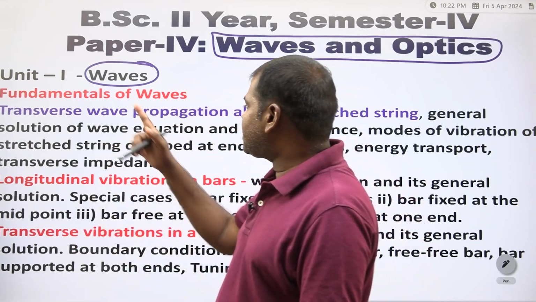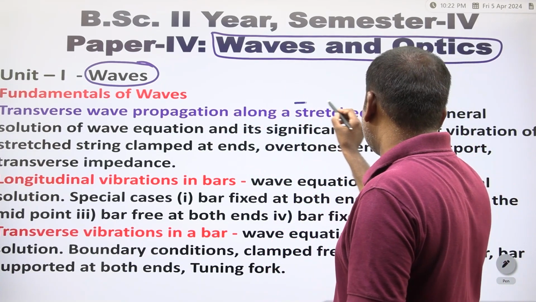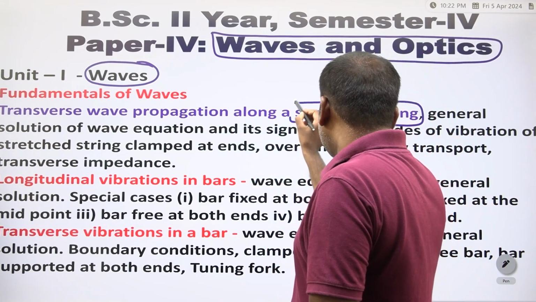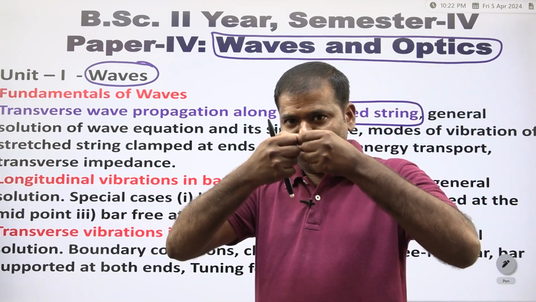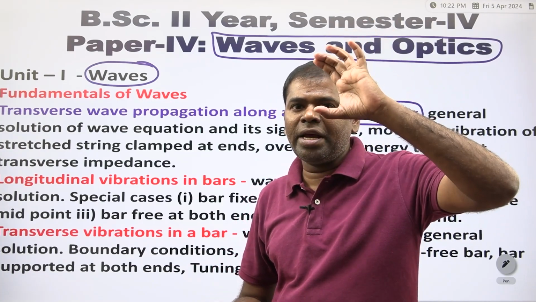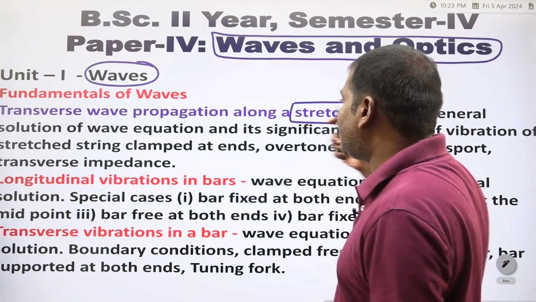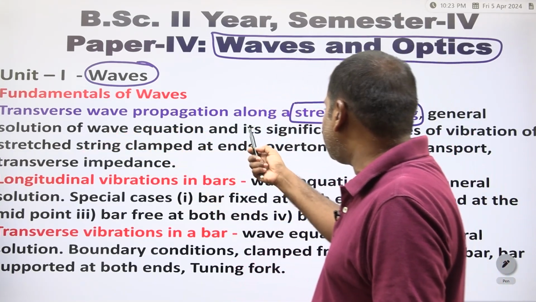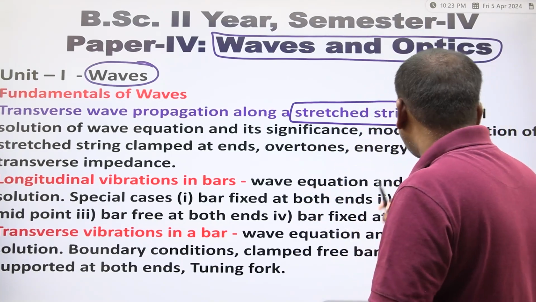Clear? Next, transverse wave propagation along a stretched string. This is the first part. There is a stretched string. You take the string and apply a force. What will happen? The string will vibrate, that is, a wave is generated. The general solution of the wave equation and its significance for the stretched string.